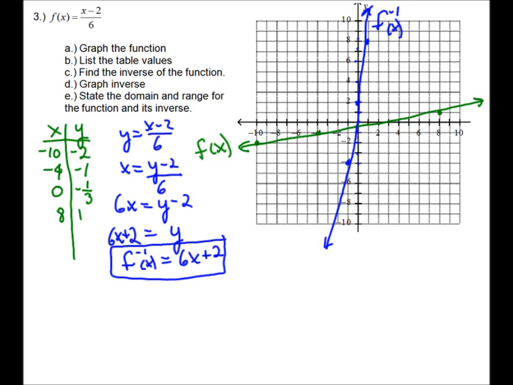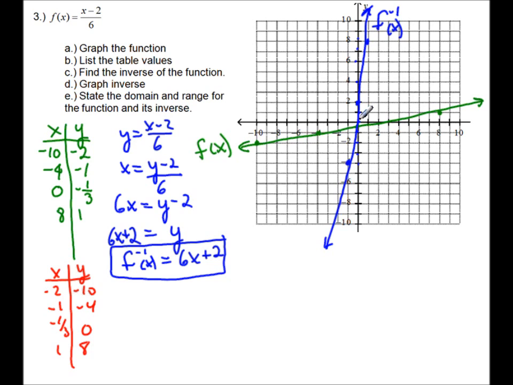Now, if we didn't want to find the inverse this way, we could also look at the inverse by simply switching our x and y values. So negative 2, negative 10, negative 1, negative 4, negative 1/3, 0, and 1, and 8.